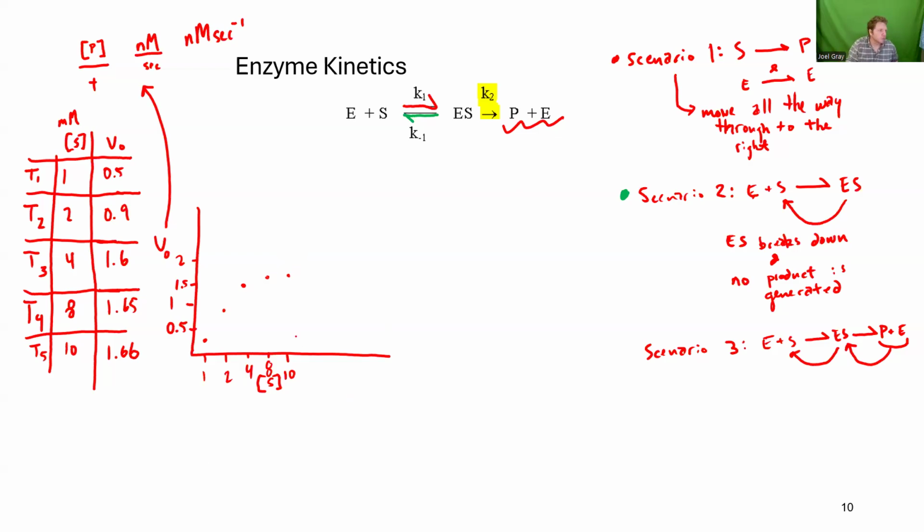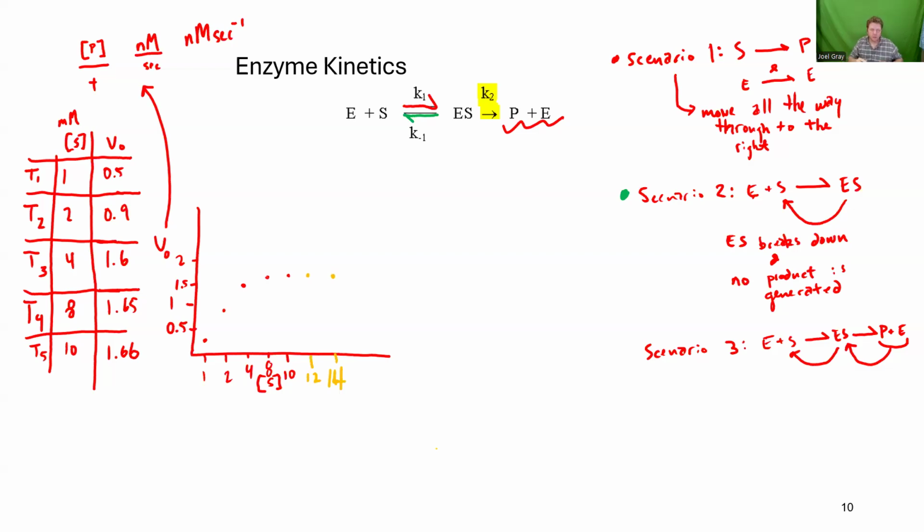You're absolutely right. Because what we're seeing is that at some point, effectively, the concentration of our substrate, if you can imagine, and I'm going to add a 12 and 14, you can imagine that data kind of flattens out.